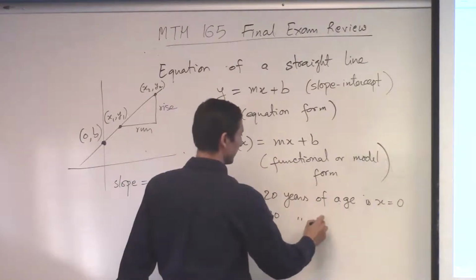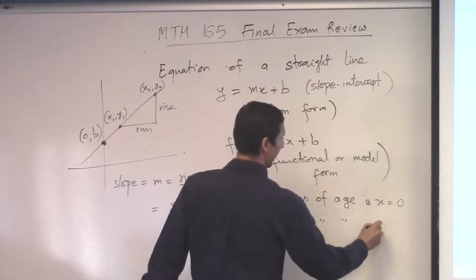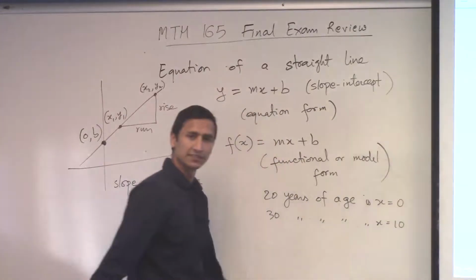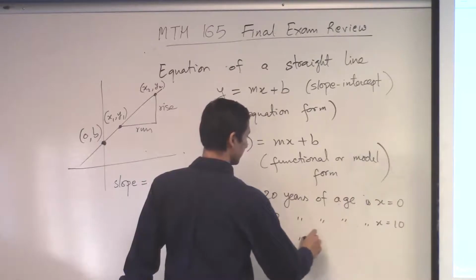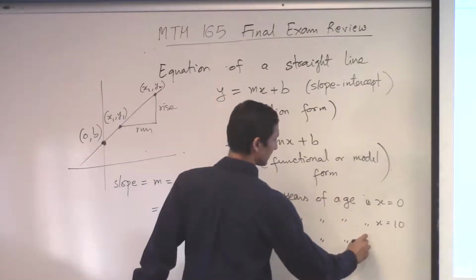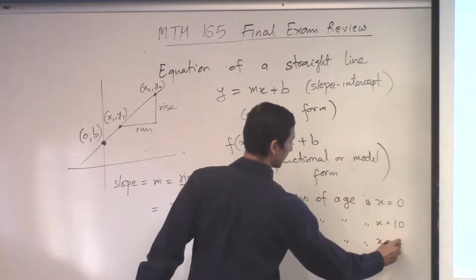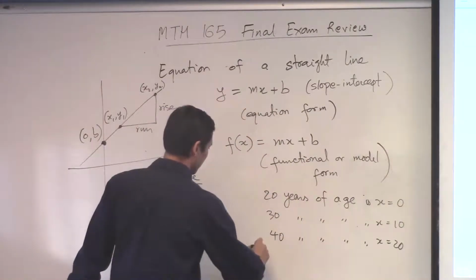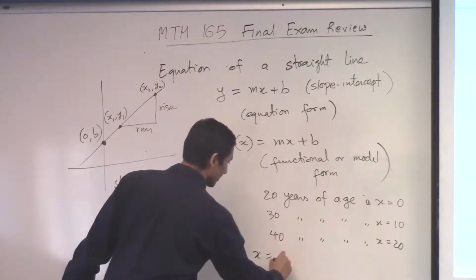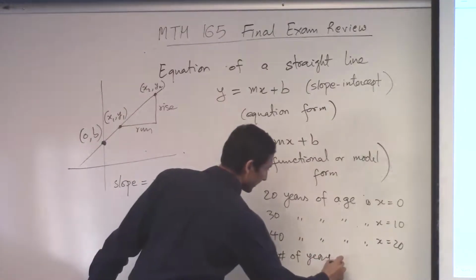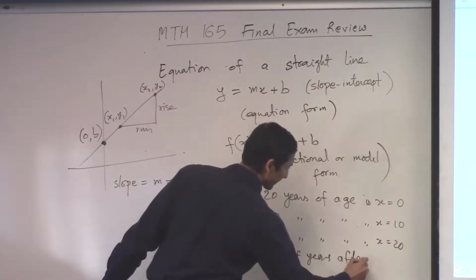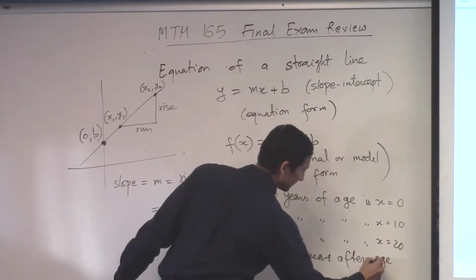So 30 years of age becomes x equals 10, see that? And 40 years of age becomes x equals 20, because x is the number of years after age 20.